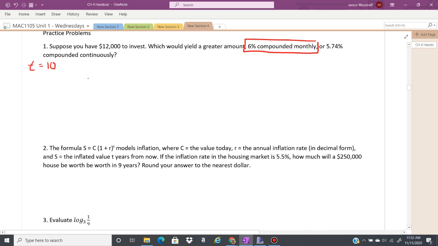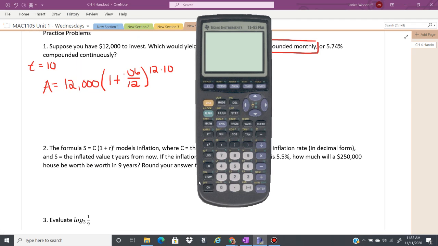Okay, so let's start with the compounding monthly. So we'll have a principal of 12,000. And let's see, 6%, 0.06. Monthly is 12 times a year. And then here I'm going to make this 12 times 10. All right, so if I'm going to go through and work this, I'm just going to go through my calculator.